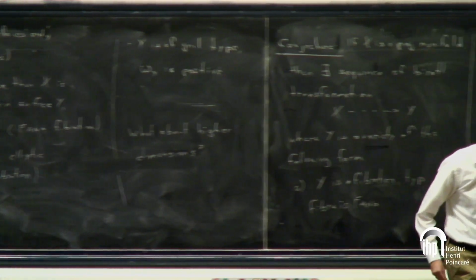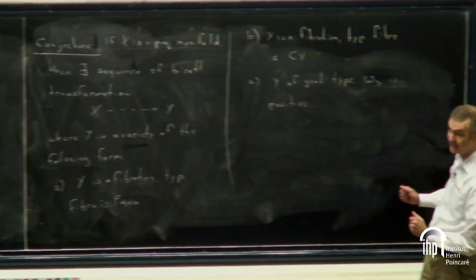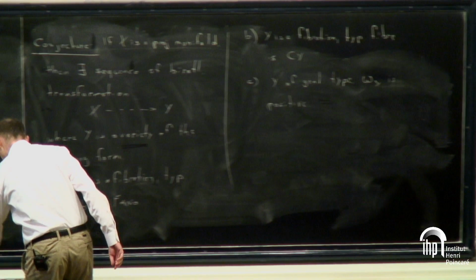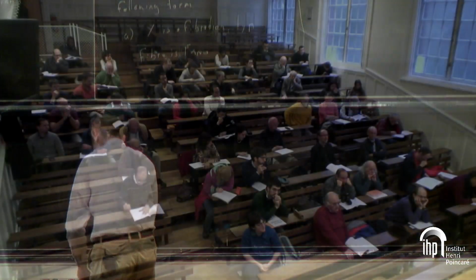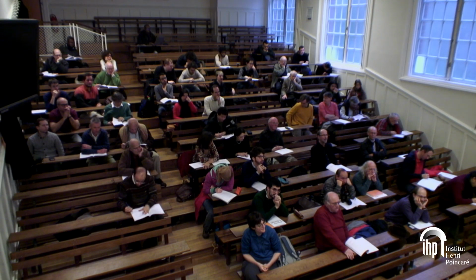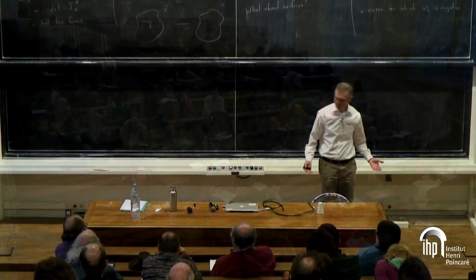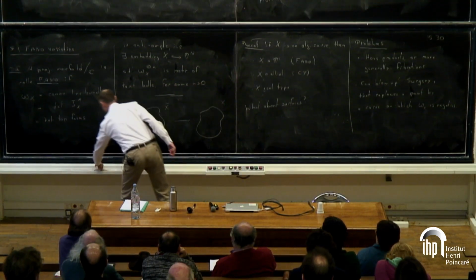So the catch is there's a price to be paid if you want to have something like this already in dimension 3 where everything is understood. Then you got to deal with the singularities.